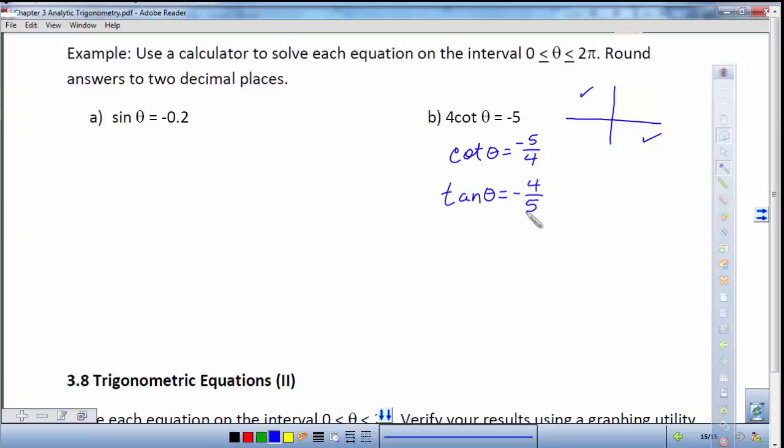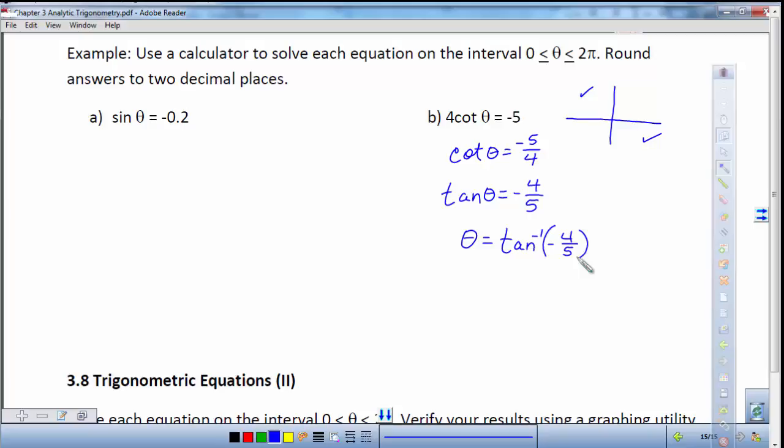Negative 4/5. And so I can say theta equals tan inverse of negative 4/5.